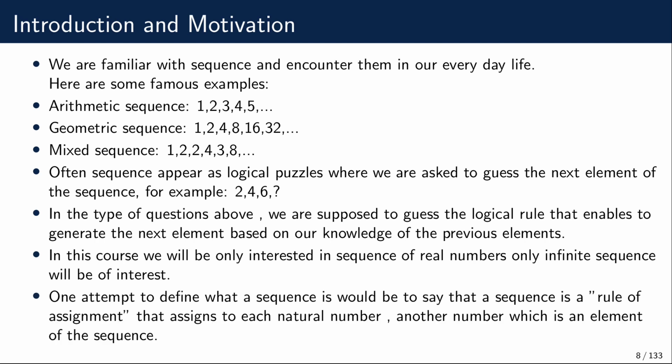One attempt to define a sequence is to say that a sequence is formed when we have some logical rule to generate the next element from the previous ones, or to generate all the elements in the sequence. For example, in this sequence, we start with 2, and then the next element is obtained from the previous one by adding 2, or we could write some formula, right?